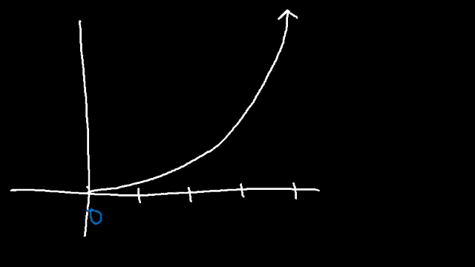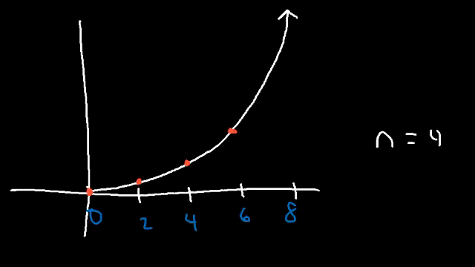So this is 0, 2, 4, 6, 8. So n is 4 in this example. And let's graph it using the left endpoints first. For the left endpoints, we're going to use 0, 2, 4, and 6. So plot those points on the curve.